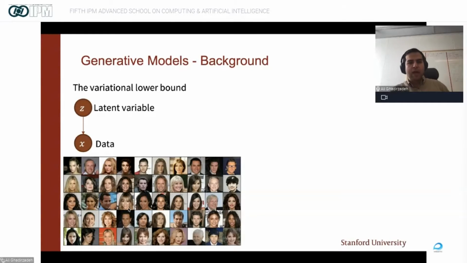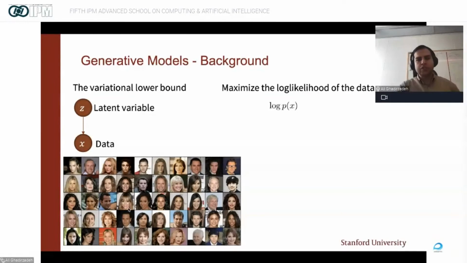For example, here, age, gender, different types of eyes, nose, etc., can be captured by our latent variable. Once we have it, we can assign different values to different attributes in the latent variable, and our generative model can generate different outputs, here images.